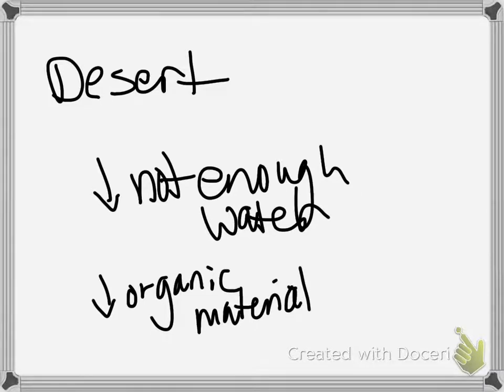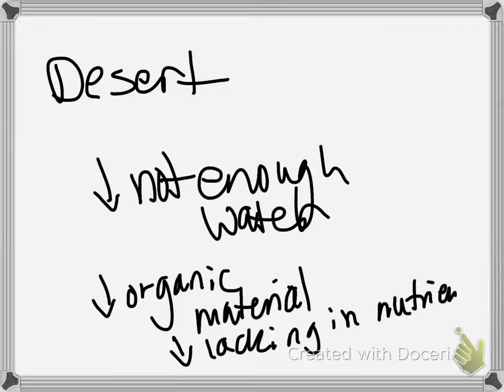So that means you're not going to have nutrient-rich soil. So lacking nutrients in the soil. So it's just the cycle of there's not enough water, plants can't grow there because there's no organic material. You're not going to have good soil. Without good soil, plants won't grow. So the desert has pretty poor soil quality.